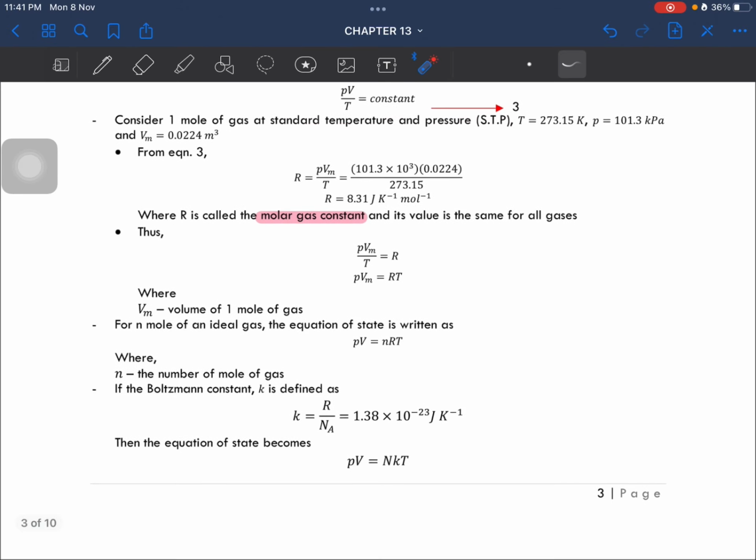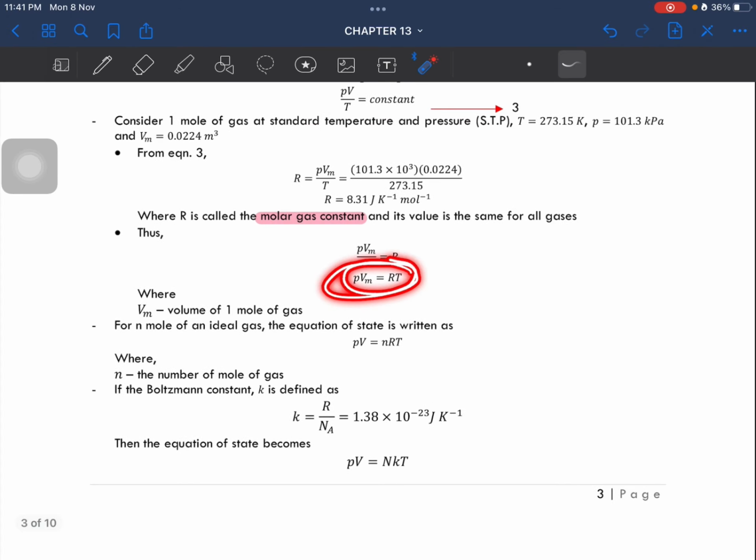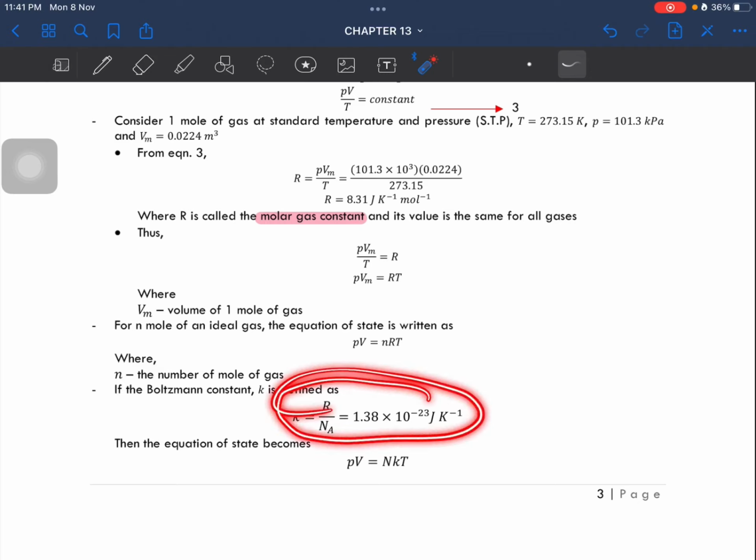So this equation, PV equal to RT, is for 1 mole of gas only. That's why we always use PV equal to nRT, because this is for n moles, however many moles. And then we have the Boltzmann constant k, which is defined as shown here.